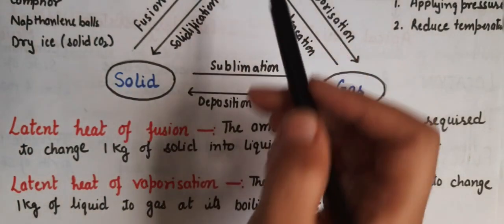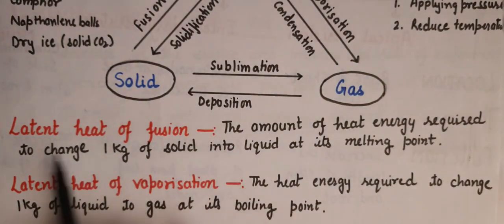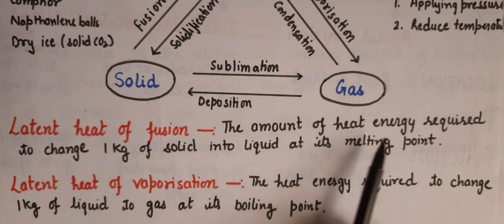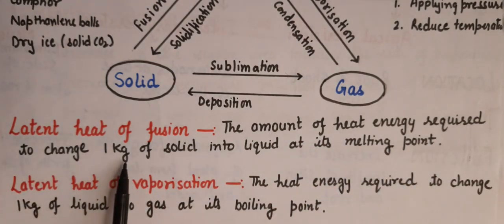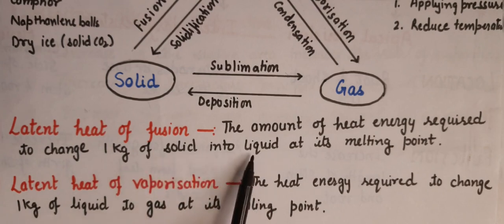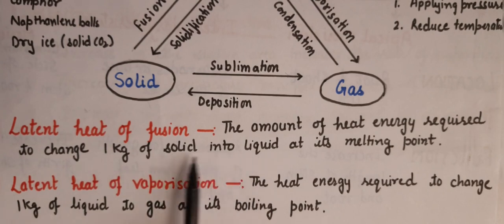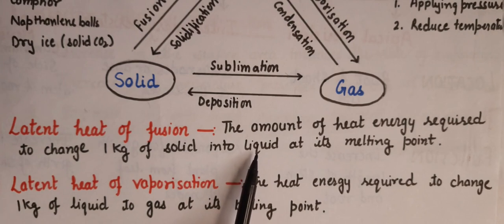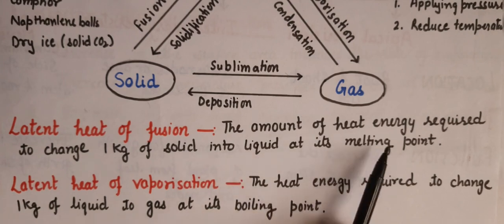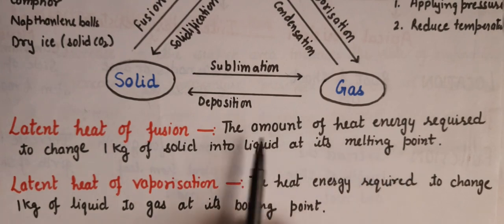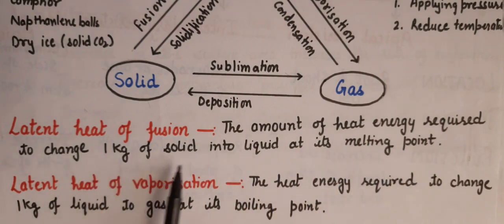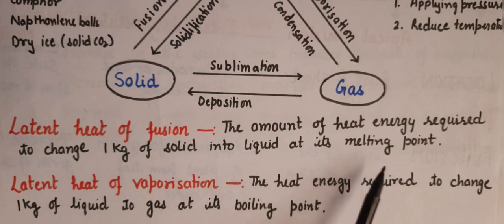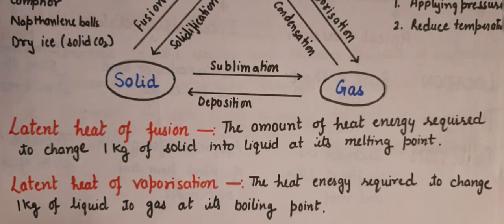Solid converts into liquid. So what is latent heat of fusion? The amount of heat energy required to change 1 kilogram of solid into liquid at its melting point. And you know that the temperature at which solid converts into liquid is called the melting point.